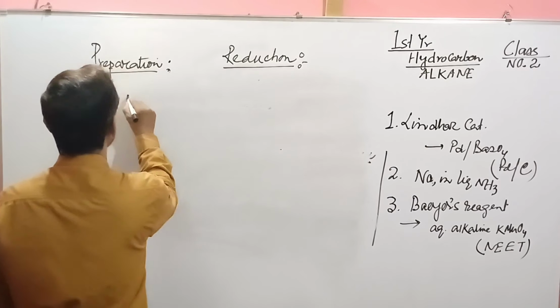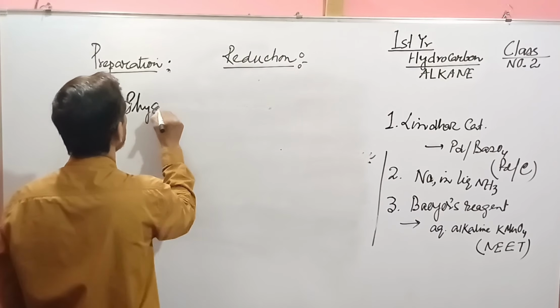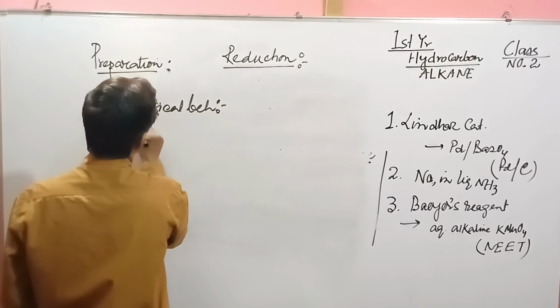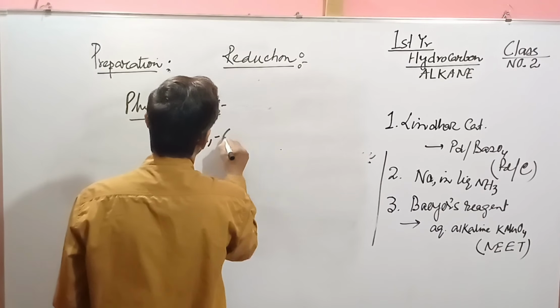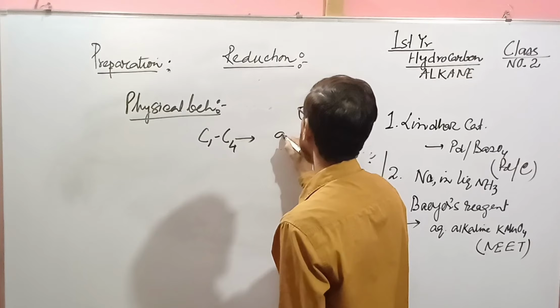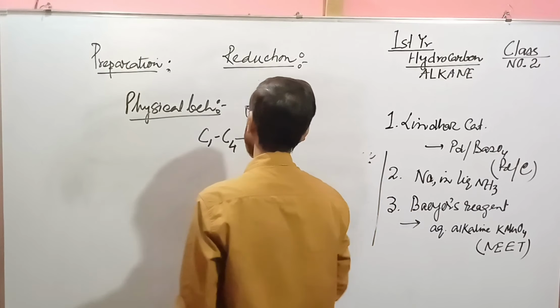Next one, physical behavior. Very important information: if the carbon chain is carbon 1 to carbon 4, these compounds are gaseous.